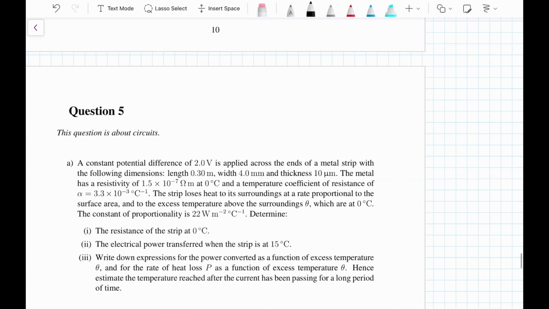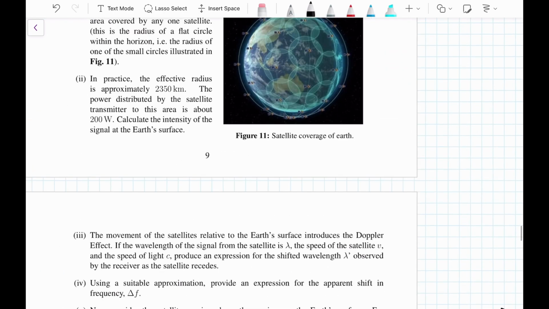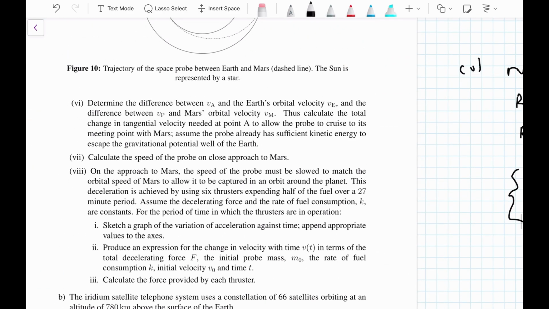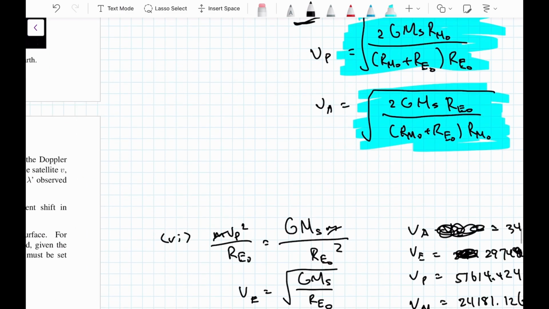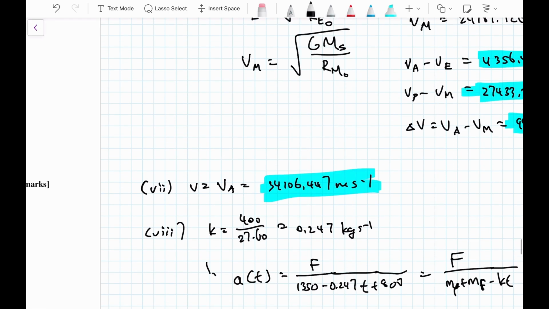Wait, it says for the seventh part, calculate speed of probe on close approach to Mars. Okay, I see. So the seventh part is basically just wanting us to calculate that. Let's redo the seventh part, and that should help us with the answer.